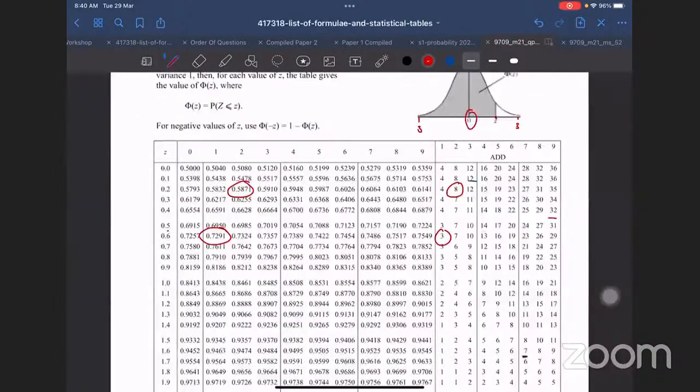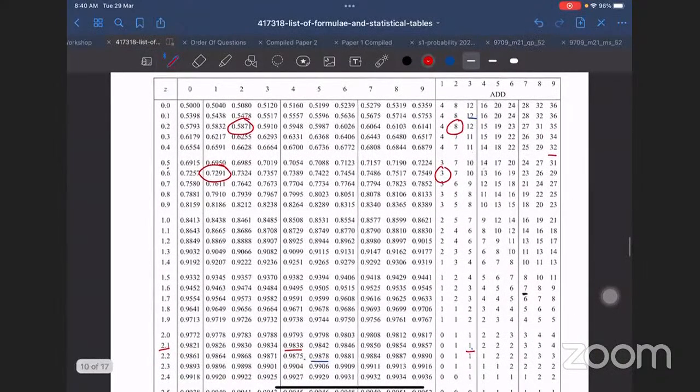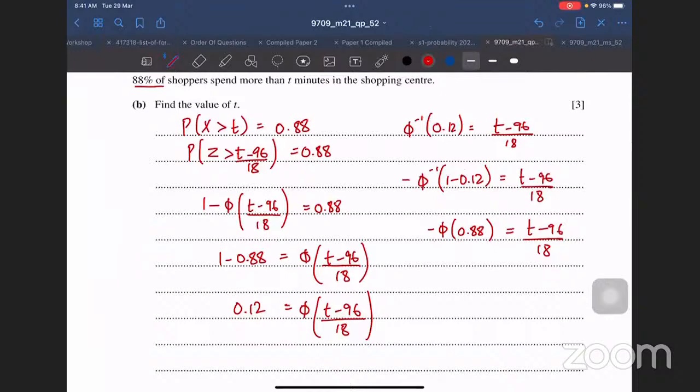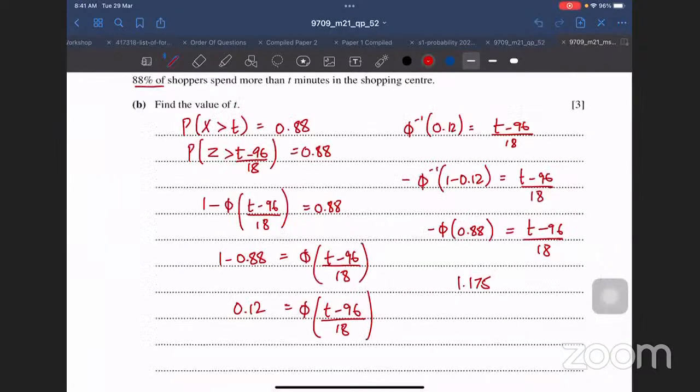Now the z value for 0.88 is 0.8790, and should be plus 0.0010. So I'm going to get 1.175. So let me verify that. Yes, that's the correct number with the negative outside.